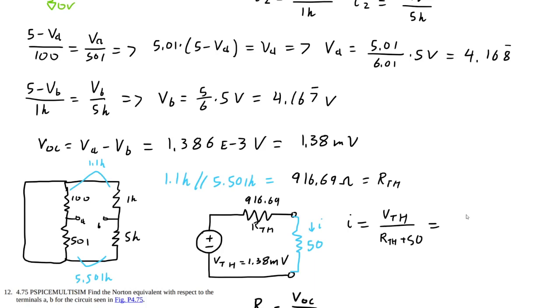So let's go ahead and do it. 1.38 times 10 to the minus 3 divided by 916.69 plus 50. I end up with 1.428 microamps, or times 10 to the minus 6 amps.